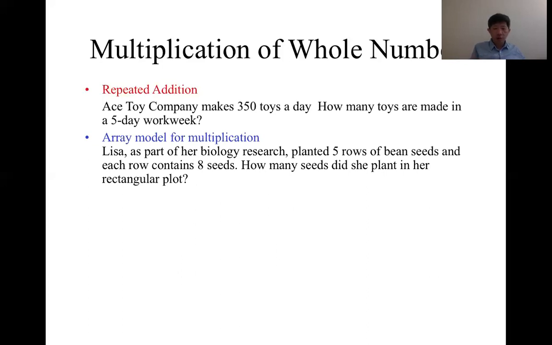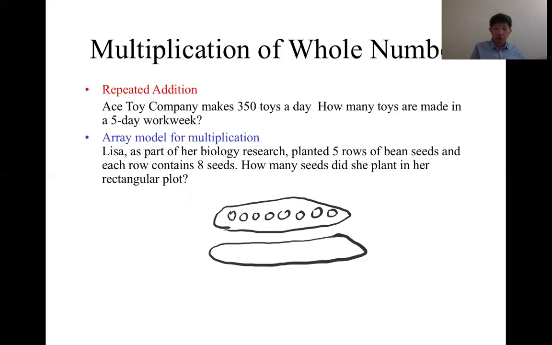Because we have 5 rows, each row is how many? 8 seeds. 1, 2, 3, 4, 5, 6, 7, 8. That's 1 row. And how many rows do we need? We need 5 rows.